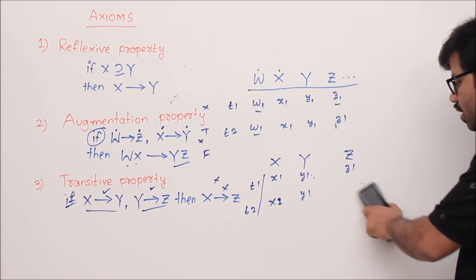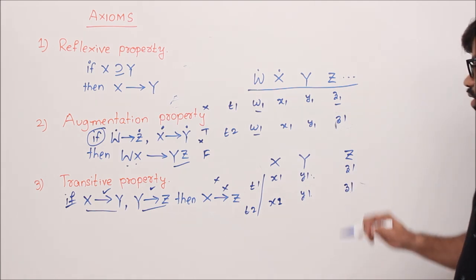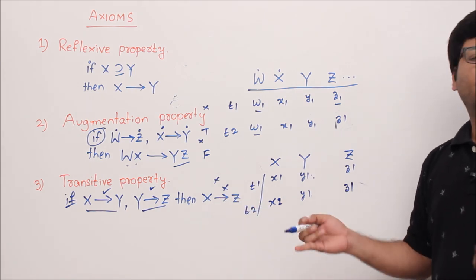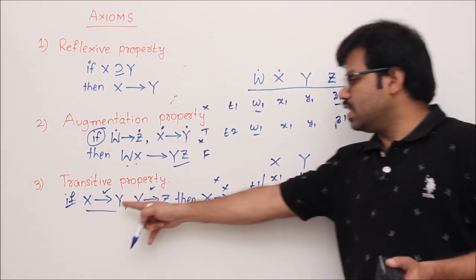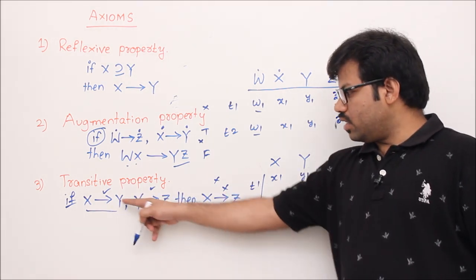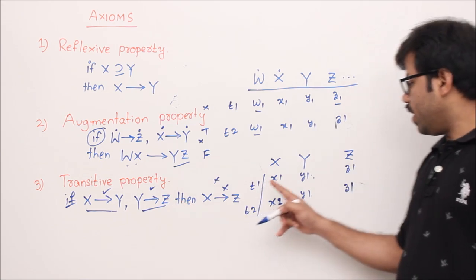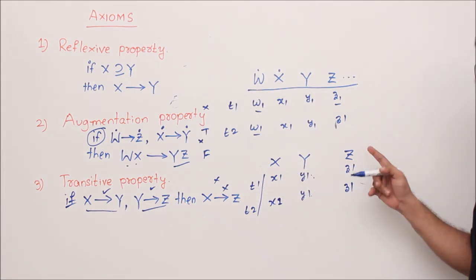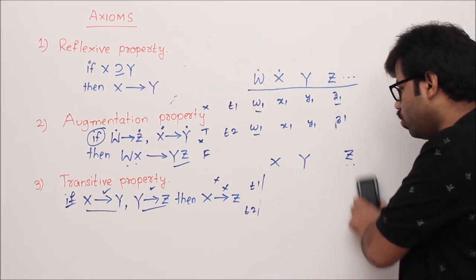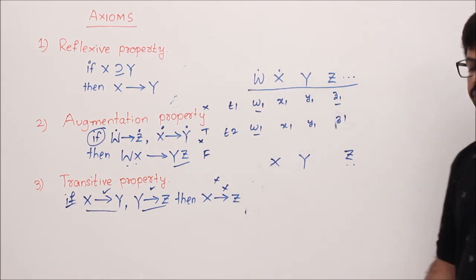It's your mistake, right? So it should be Z1. Initially, I thought of violating the X determines Z rule, but I was not able to do that because X determines Y and Y determines Z are already given. Whenever these two rules are true, then automatically X also determines Z. That's quite obvious. Just now we proved it. Let's try to prove it in a different way.